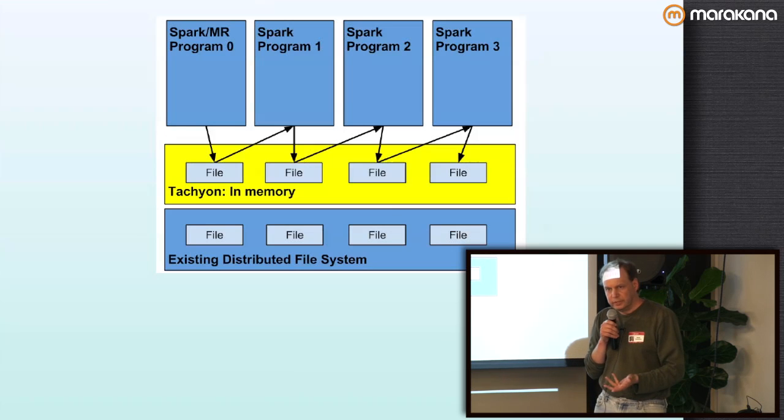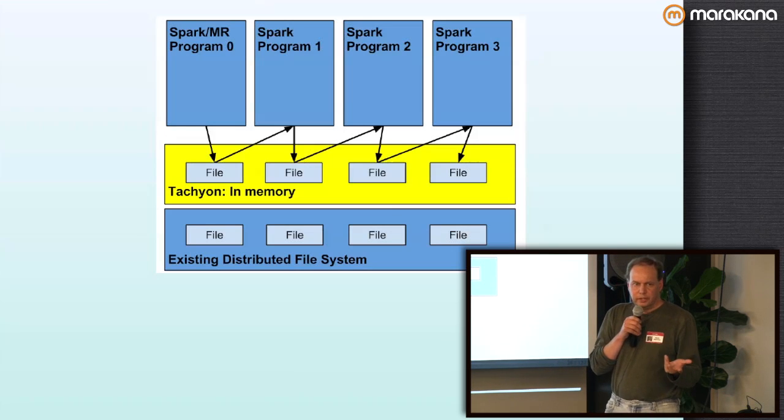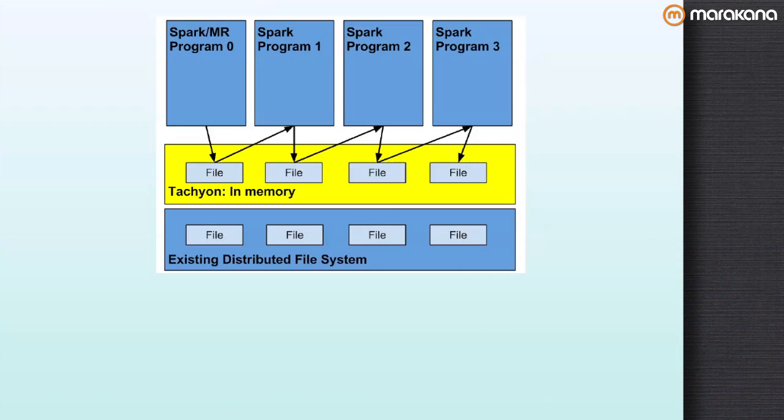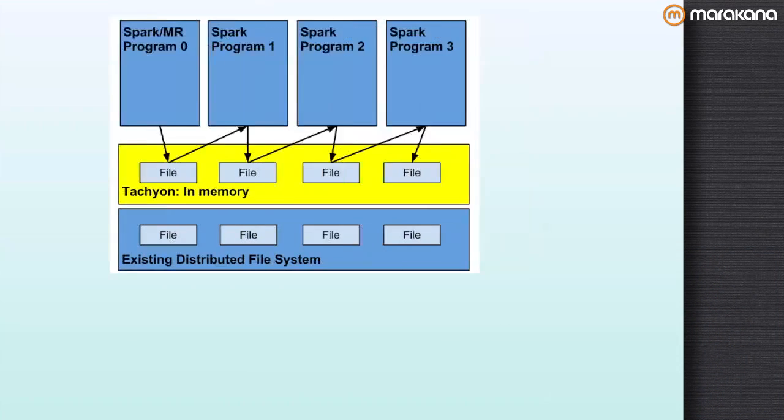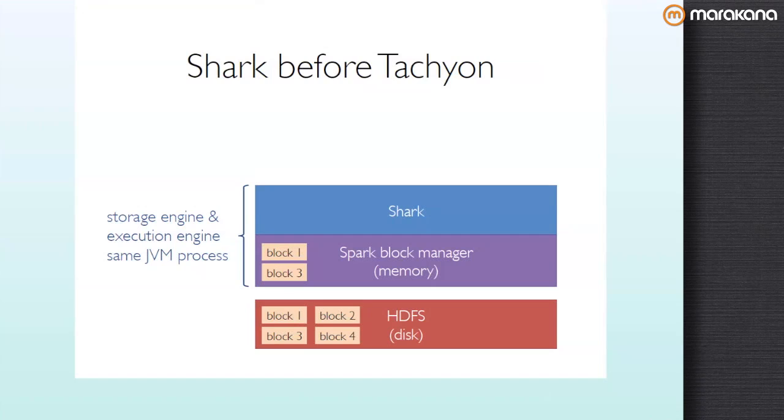You'd be able to do the same thing with HDFS. If you ran one Hadoop job, took the results, wrote them out to HDFS, then another job could pick up that result set and work further with it. That kind of thing was difficult to do before we had Tachyon in Spark or Shark.